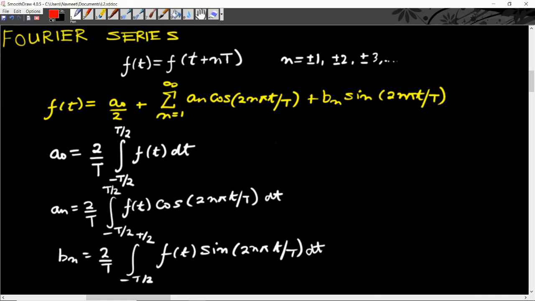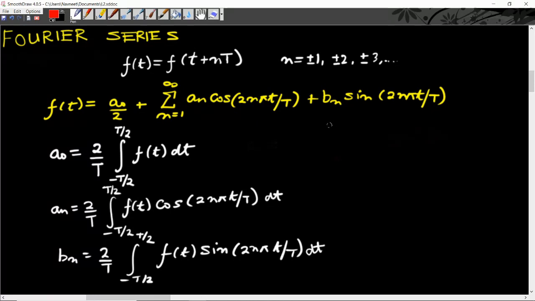So now in this lecture, we look at a few examples of Fourier series so that you are familiar with how to compute these coefficients. Let's start with one of the simplest examples that I can think of.